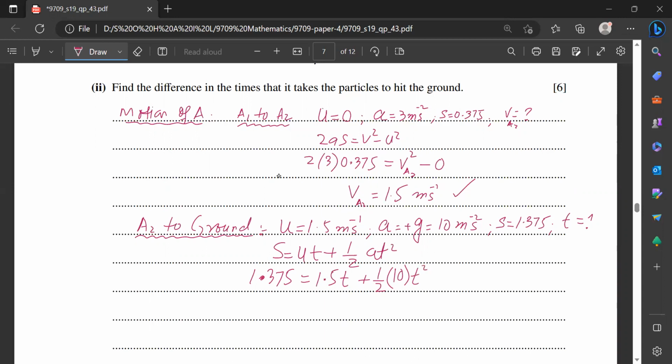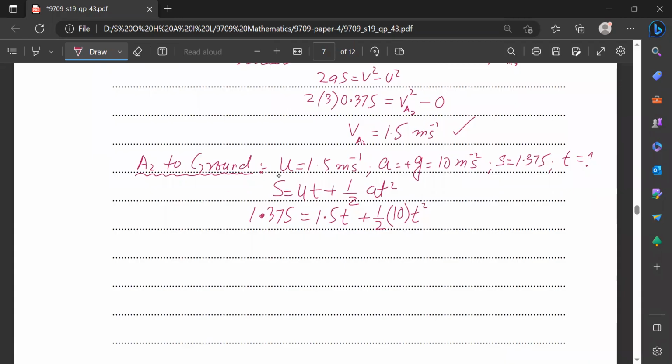This is a free fall object, moving under gravity, so I'm taking a as 10 for the downward motion. So I can simplify: 1.375 equals 1.5t plus 5t square. You can further simplify: 5t square plus 1.5t minus 1.375 equals 0.